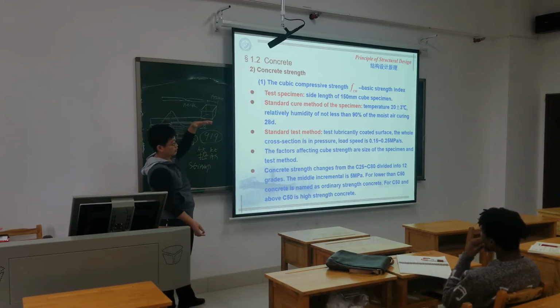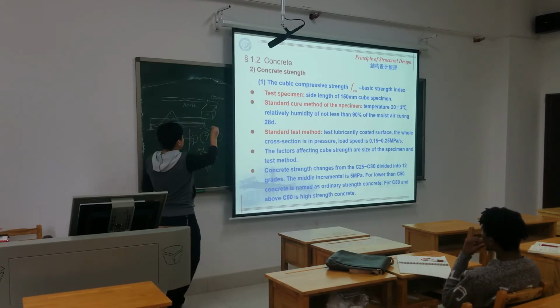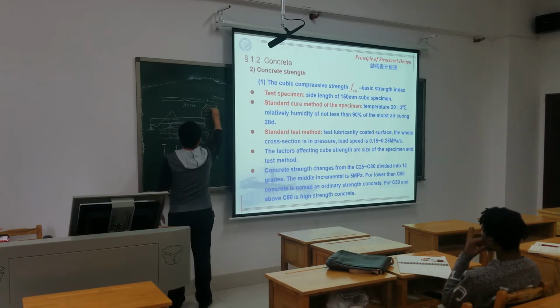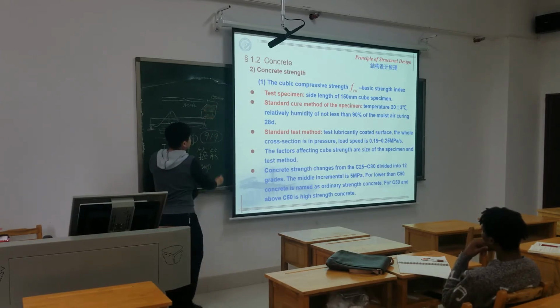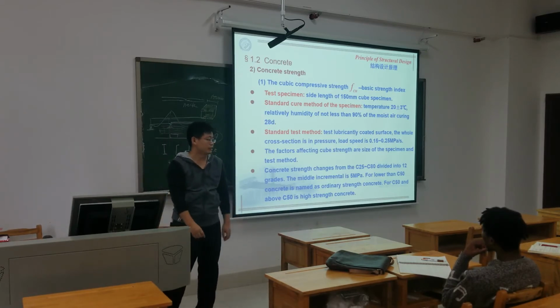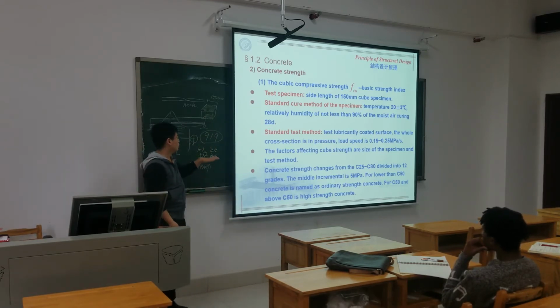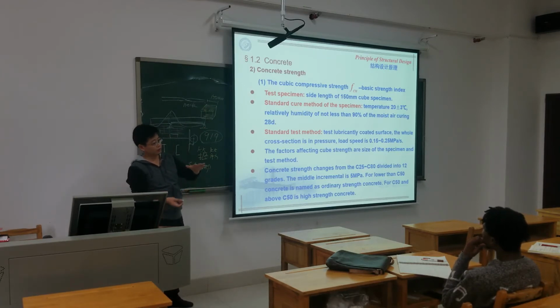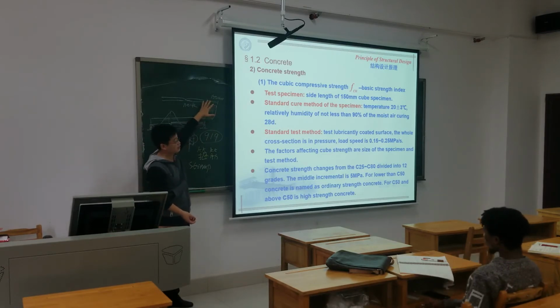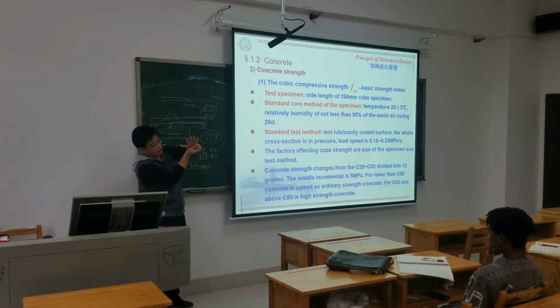We put this on the test bed, and the upper and lower surfaces are lubricated. If you put some oil, that oil makes the whole surface connect tightly with the test bed.